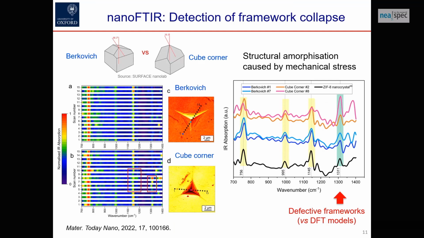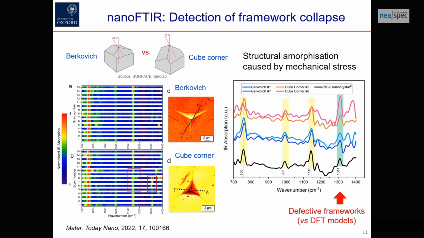Now, two types of indenter tips were used, Berkovich versus cube corner. The main thing you have to remember is the cube corner is sharper, so the stress concentration under the indented region will be much, much greater than the Berkovich.